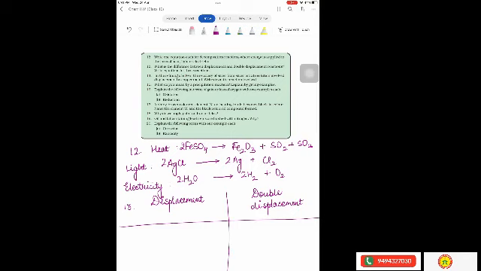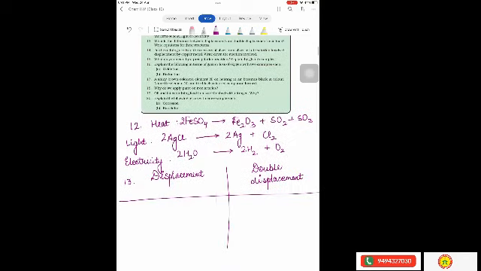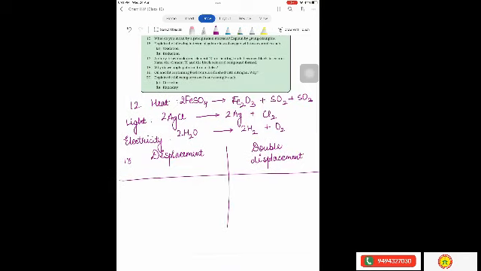Yes, ma'am. Dharya, the difference between... Ma'am, I can't hear you. I'm asking, can you tell me the difference between displacement and double displacement reaction? Ma'am, I'm not able to hear you.